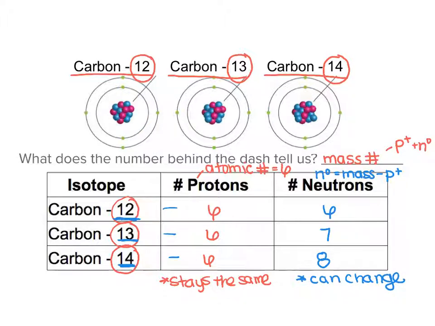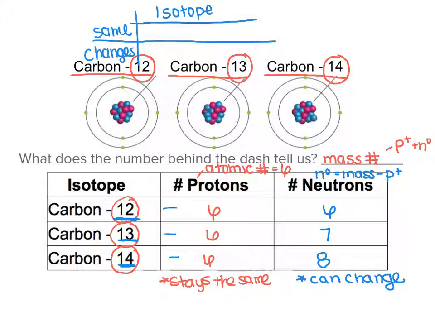Let's go ahead and on the left side of your paper, I want you to make this little chart for me. Isotope, and we want stays the same and changes. You are drawing this out on the left side.